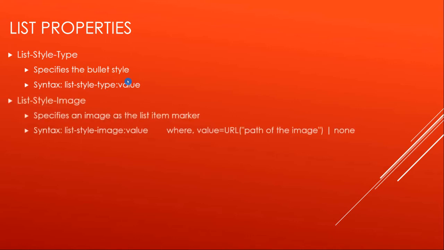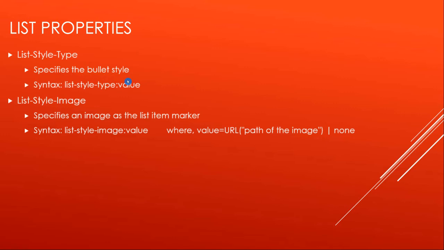Okay, so the next type is list style image. Instead of the predefined list, suppose you want to give some other type of bullets for your list, you need not always depend on the default bullets like disk, circle or square. You can even add your own bullets.